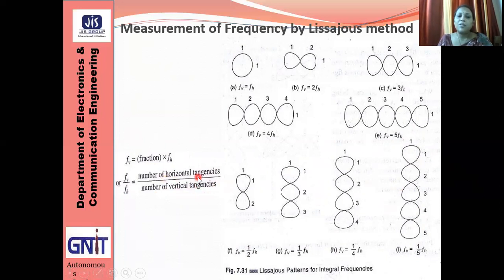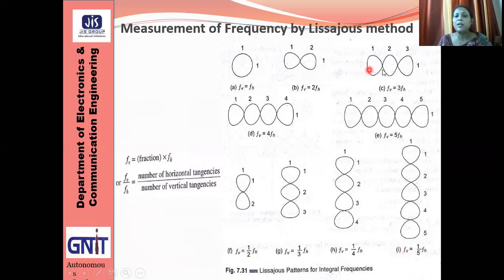Horizontal tangents here 1, vertical tangents here 5. Now the formula is FV equals 1/5 of FH. Now if FH is known, then we can easily find the value of FV. In this way, from the Lissajous figure, we are getting the unknown frequency from a known frequency.